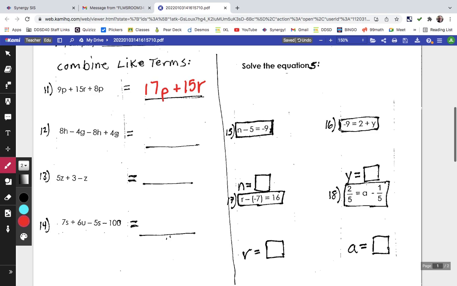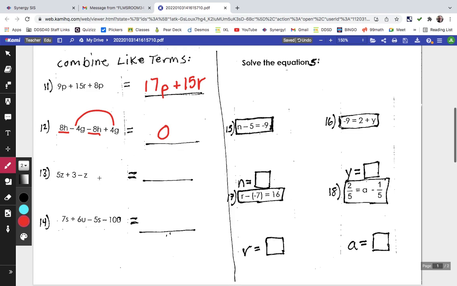For number 12, there's 8 H's and we're going to subtract 8 H's. That's 0 H's. And there's negative 4 H's combined with positive 4 H's. Those combined are 0. So the simplified combined like term is just 0.